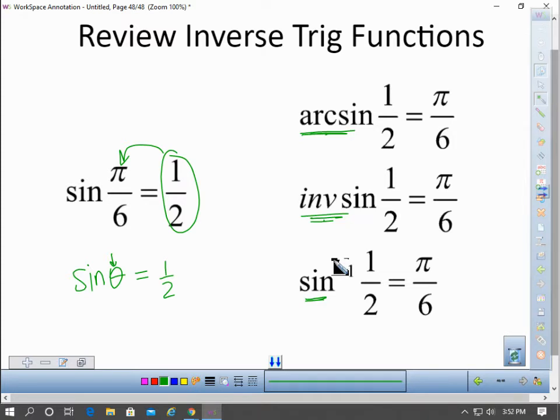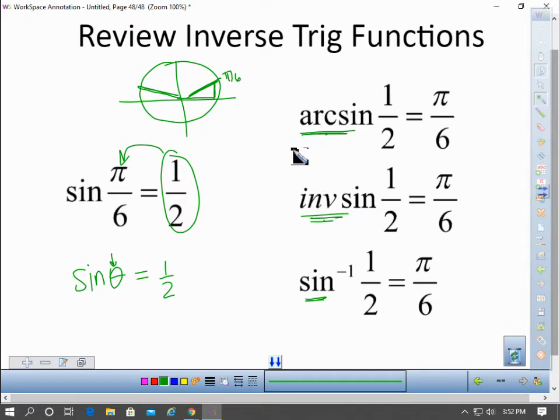Slightly, the little differences may be in the domain of the function, but they all mean: what angle on the unit circle gives you a sine value of 1/2, which is a y-coordinate of 1/2 on the unit circle. So when you're thinking on the unit circle, who gives you a y-coordinate of 1/2, that means you go over a lot and up a little. That would be right here at pi over 6. Okay, there is another answer over on this side, but these have restricted domains.